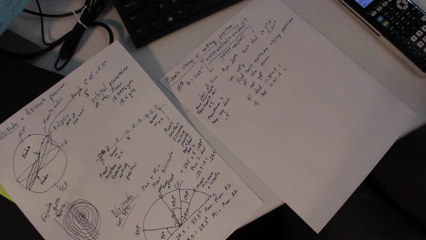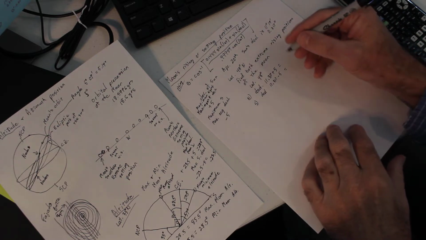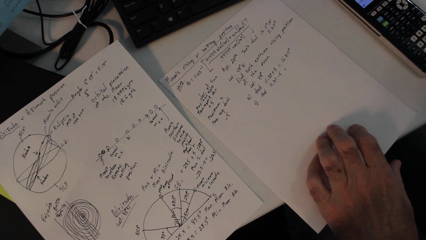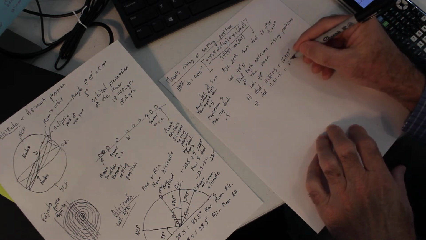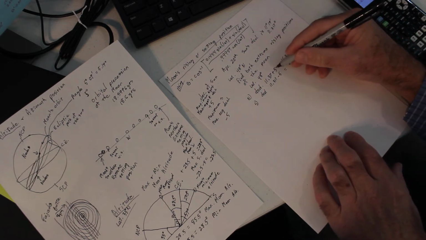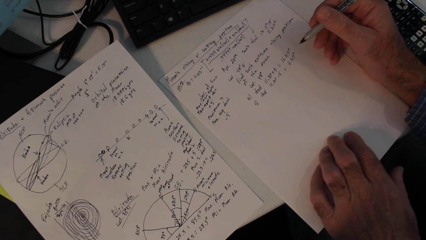So I get 16.317 degrees here, and here I get 6.317 degrees. These should always be exactly 10 degrees apart because here you're adding 5, here you're subtracting 5.